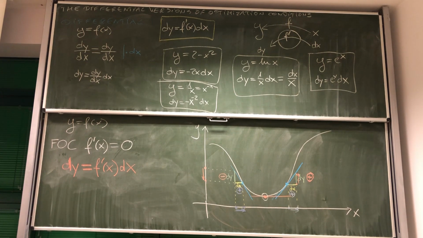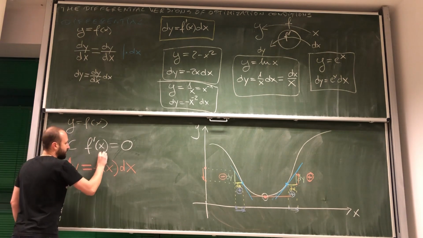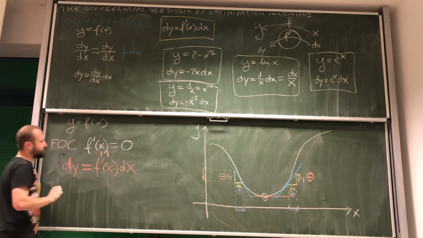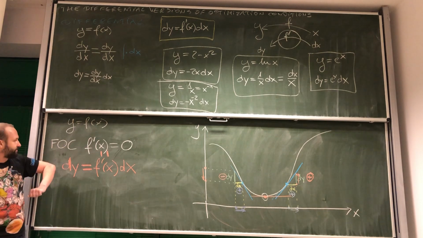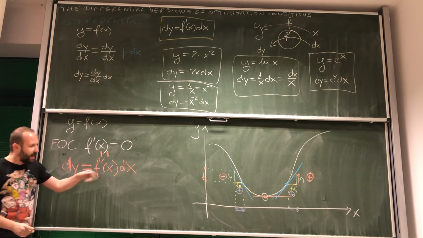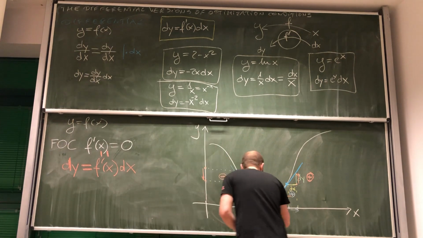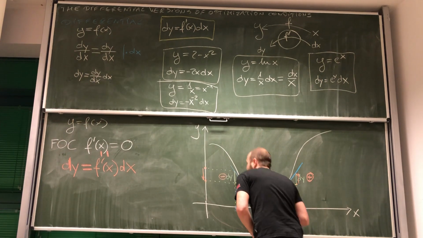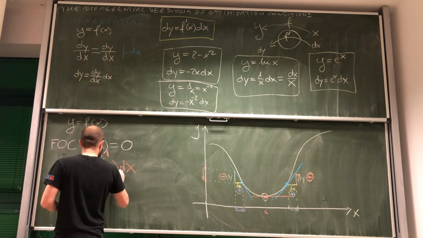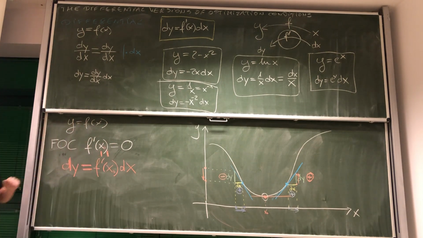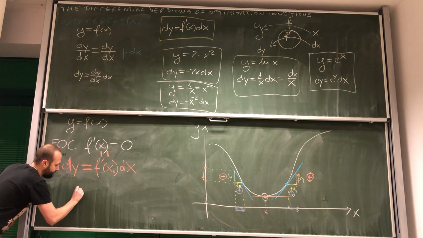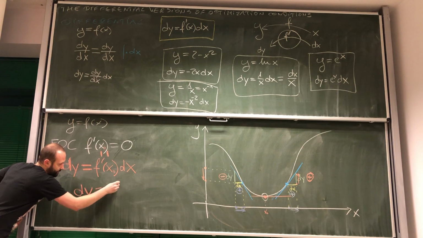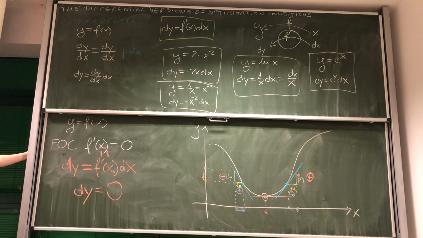So, if those two are apparently the same, because here we have derivative and here we have derivative, at our specific point, let's now call it x0, then apparently what must be happening here is that dy is going to be equal to 0.